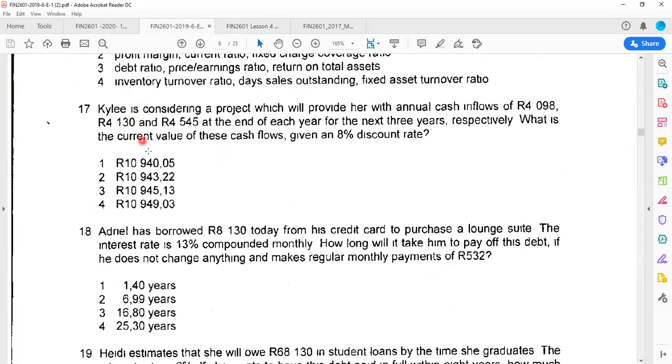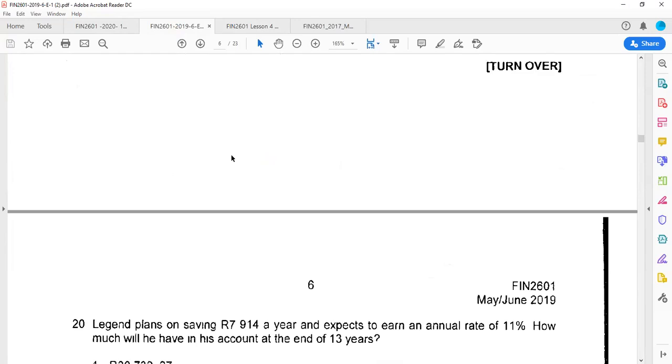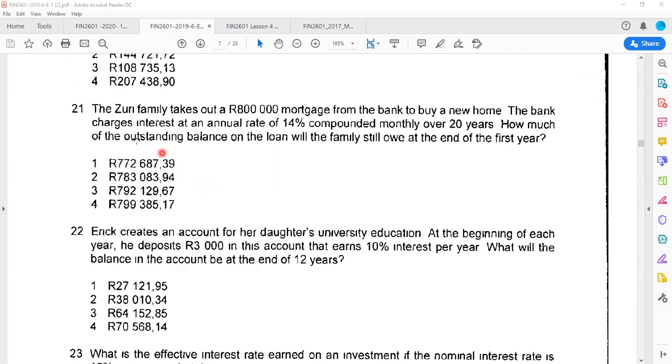Question 21 was the next one that I asked you to look at. It says the Zuri family takes out an 8,000 Rand mortgage from the bank to buy a new home. The bank charges interest at an annual rate of 14% compounded monthly over 20 years. How much on the loan will the family still owe at the end of the first year?